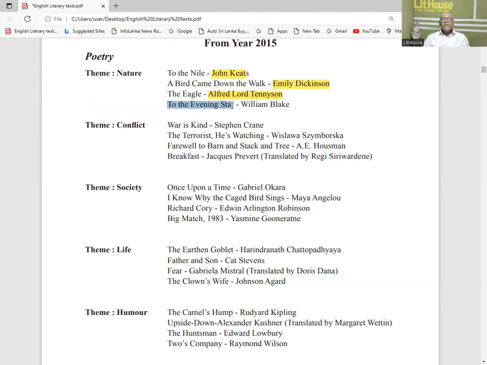To the Evening Star, William Blake. Right. Now I think 4 nature poems. Remember that way. It's very easy. 4 nature poems.